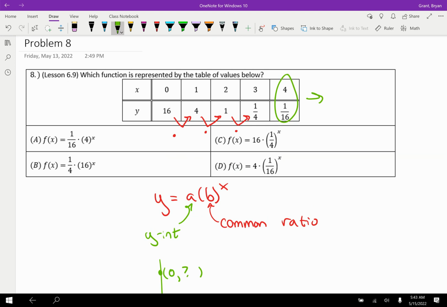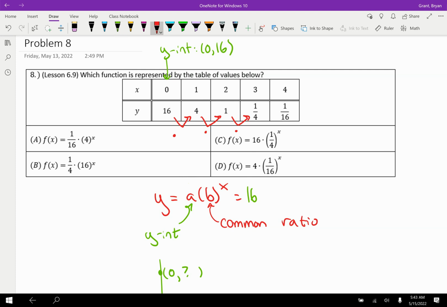So for example, this is the point 4, 1/16. If we are looking for the y-intercept, we need a point 0, something, and we have that. This is the point 0, 16, which is actually a fancy way to tell us the y-intercept. Therefore, we know that a right here has to be 16.